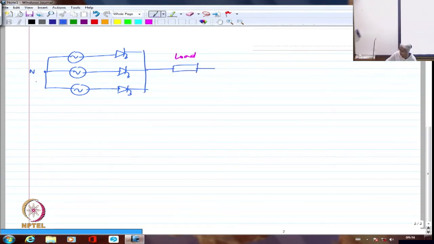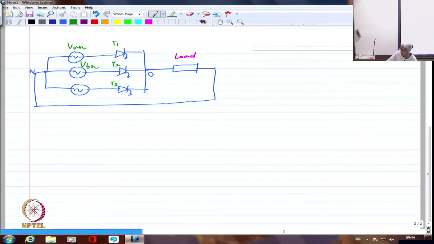This point is O. So I would name these devices as T1, T2 and T3. So this is VAN, VBN and VCN. These are the three phase voltages.